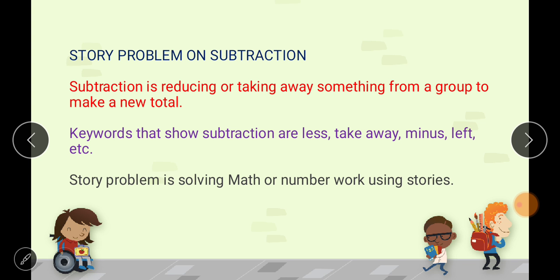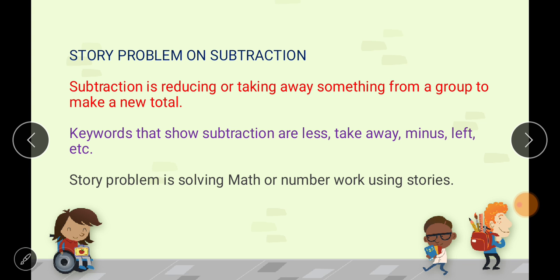Story problem on subtraction. Subtraction is reducing or taking away something from a group to make a new total. To subtract means to take away, to reduce, to make less.